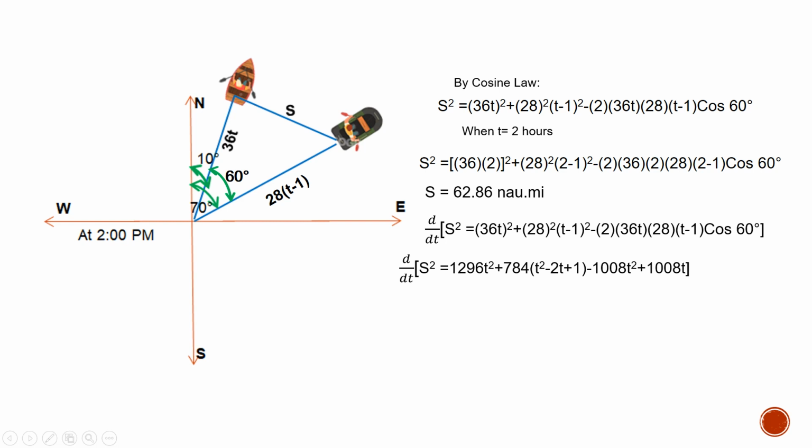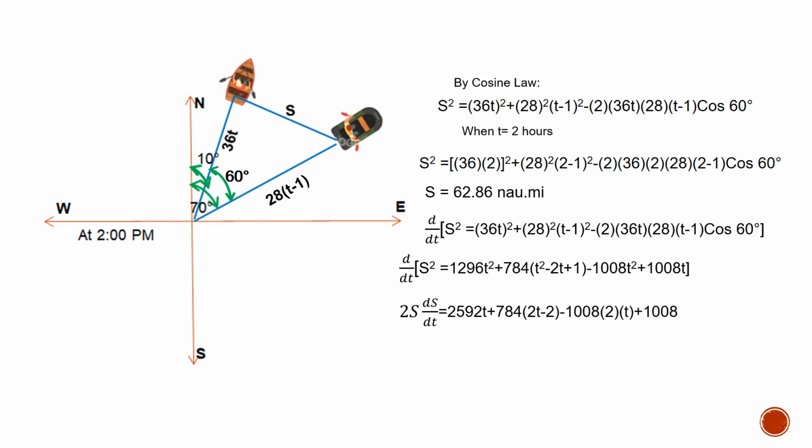So negative 1008 distribute mo dito times t siya. Okay, so negative 1008t times t is equal to negative 1008 t squared, and then negative times negative will yield to positive 1008t. So that will be the simplified equation, and then execute differentiation with respect to time.